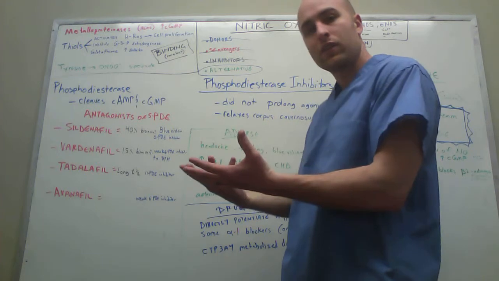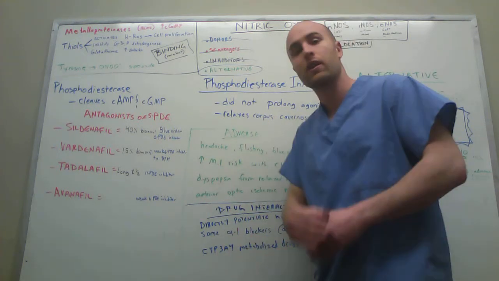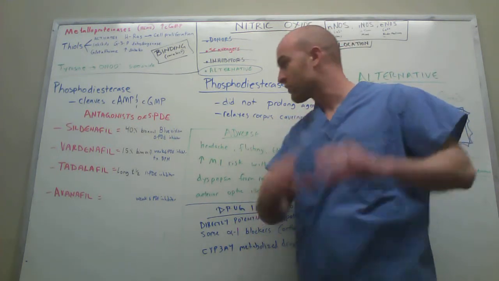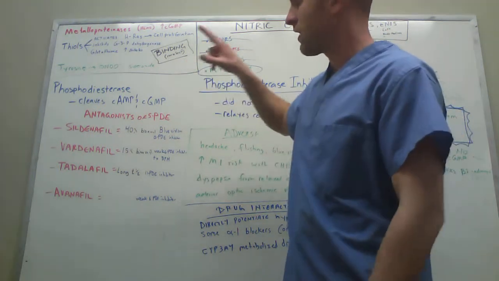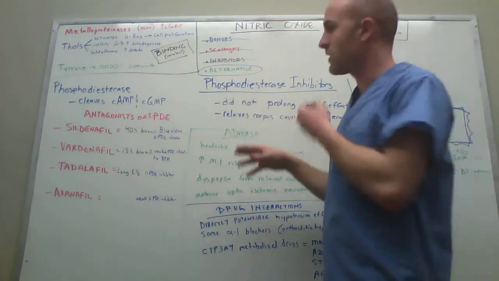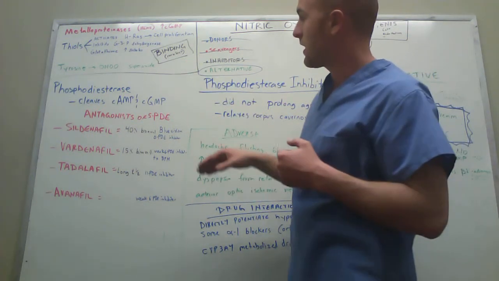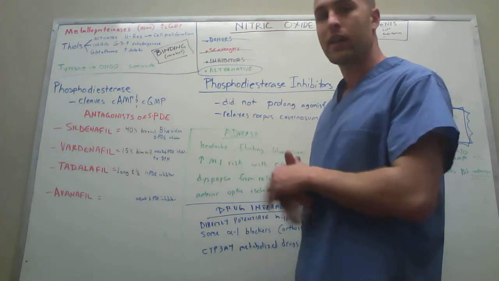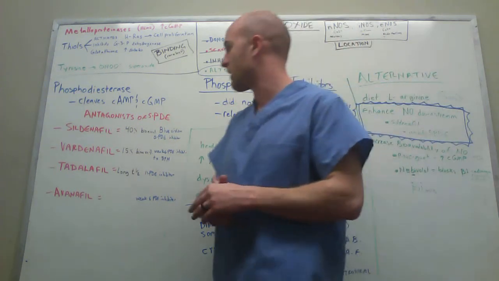If you increase the amount of circulating cyclic GMP, you're going to have more vasodilation. So the effect of phosphodiesterase inhibiting drugs is that they cause vasodilation through an increase of cyclic GMP.